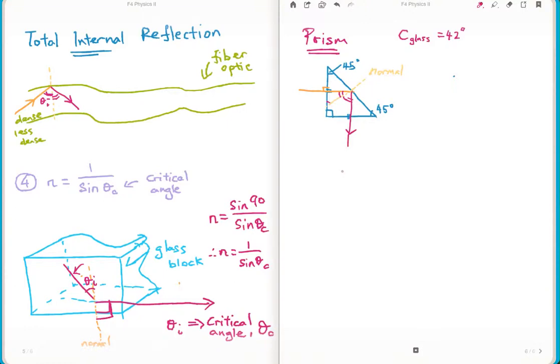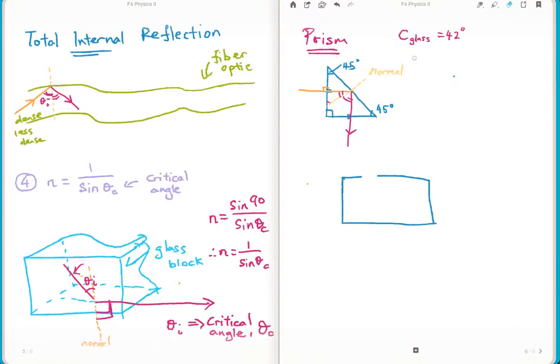Alright, and then another example, perhaps. I have a glass block. What happened? Incident ray. Maybe I use I. This is a normal line, not even 90 degree.